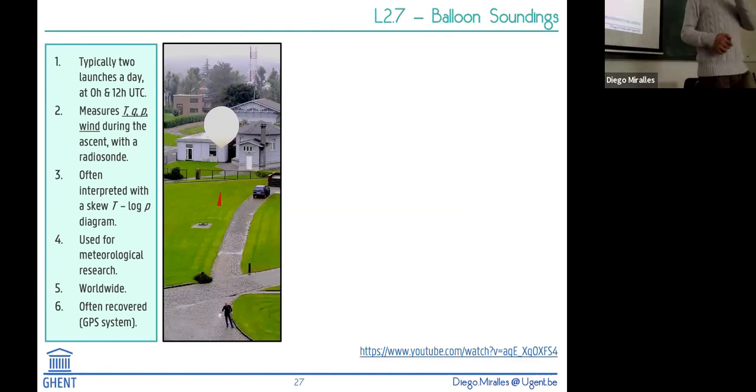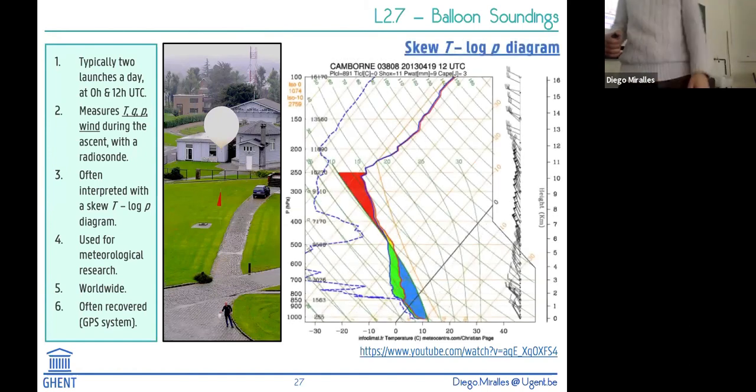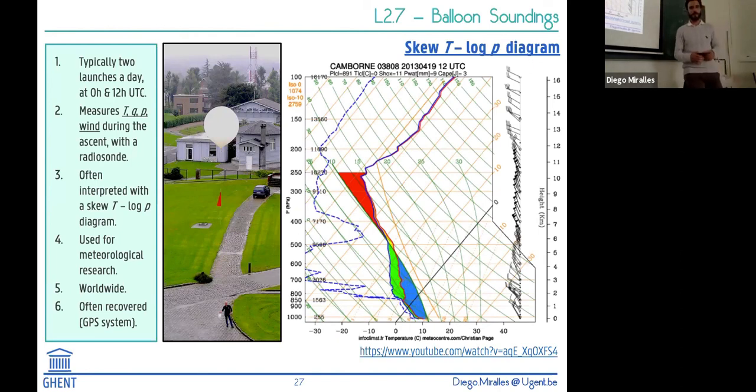Last thing that I want to mention, I'm not going to go in depth into this, is what a balloon sounding is. Balloon soundings are used to measure the stratification of the atmosphere. In every single meteorological institute in the world, you usually have 2 launches of balloons per day, at 12 a.m. and p.m. UTC, not local time.